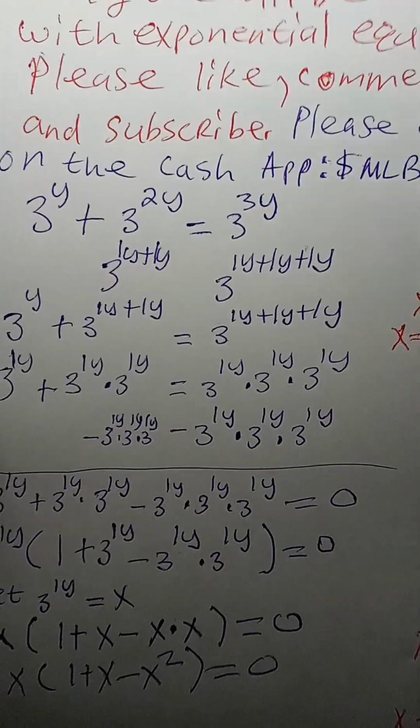And we have to go back to the original equation. And remember, we had this other statement of x equals 0. So we have to plug it back into the original equation of 3 to the y plus 3 to the 2y is equal to 3 to the 3y.